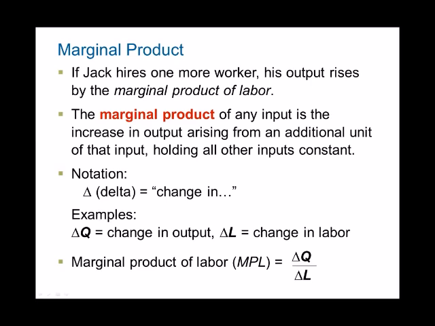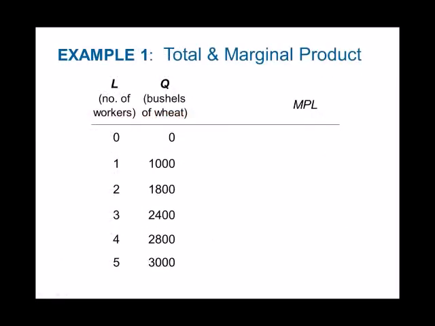So let's look at a better example. If you increase your workers from 0 to 1, your output goes up by 1,000. So your marginal product of labor is delta Q over delta L, which is 1,000. When you hire 1 extra worker, your output goes up by 1,000 bushels.